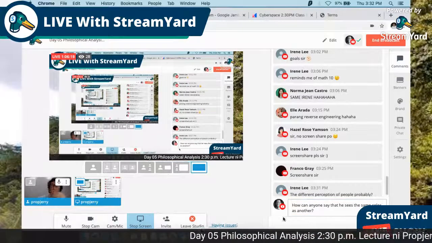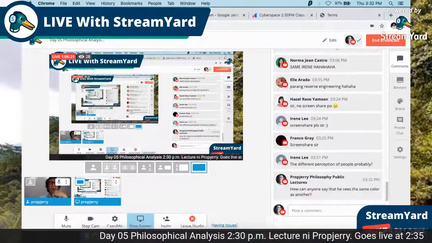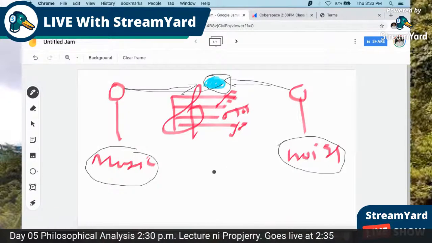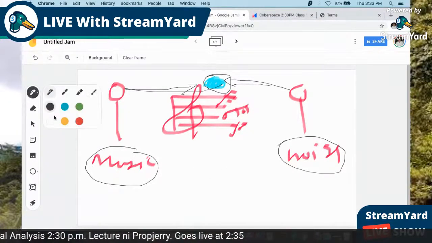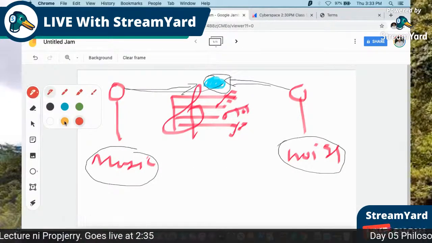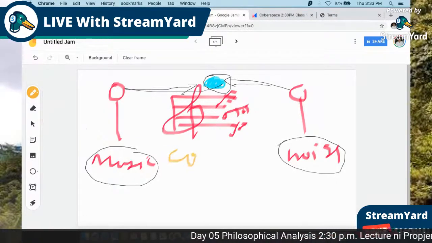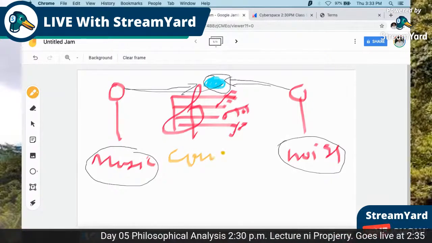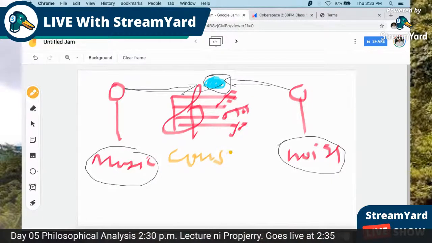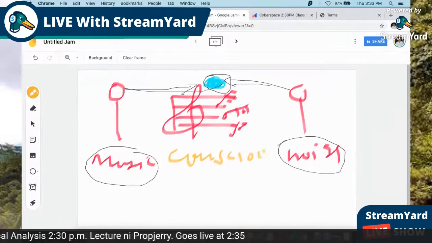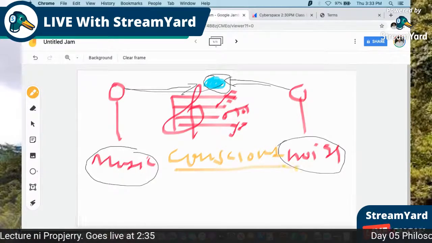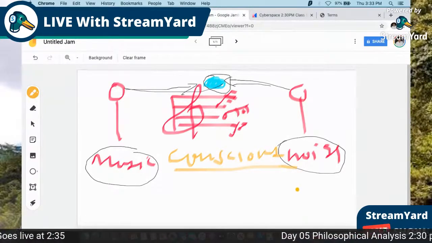To be able to say you're seeing exactly the same thing, you have to be conscious of the same thing. That's the word, conscious. Can anyone be conscious of somebody else's consciousness?